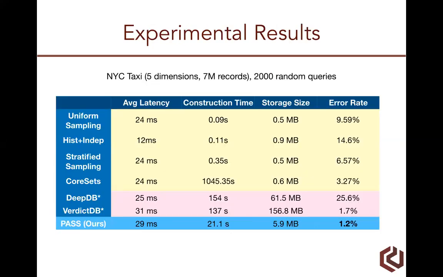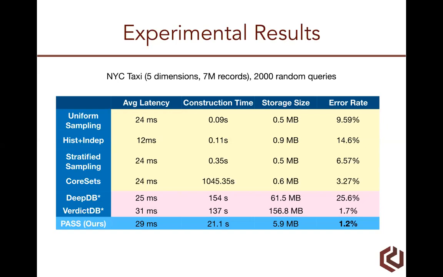So we did a bunch of evaluation on it, and I'm not going to bore you guys with the actual experimental details too much, but essentially we've run this on a bunch of different data sets against a bunch of different synopsis construction techniques. We've looked at just uniform sampling, standard histograms, standard stratified sampling, a technique called coarse sets, which is from the machine learning community, as well as two research prototype open source systems, called DeepDB and VerdictDB, that ostensibly do approximation.